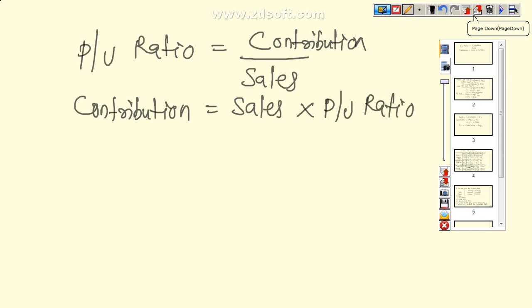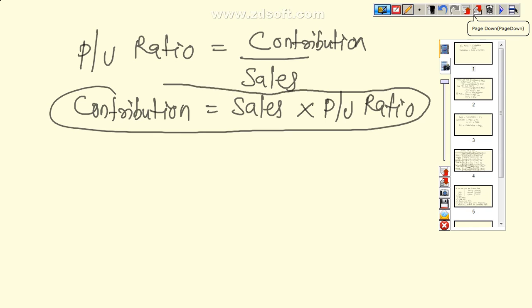This is another formula for contribution: contribution is equal to sales multiplied by profit volume ratio. So fixed cost is equal to contribution minus profit.